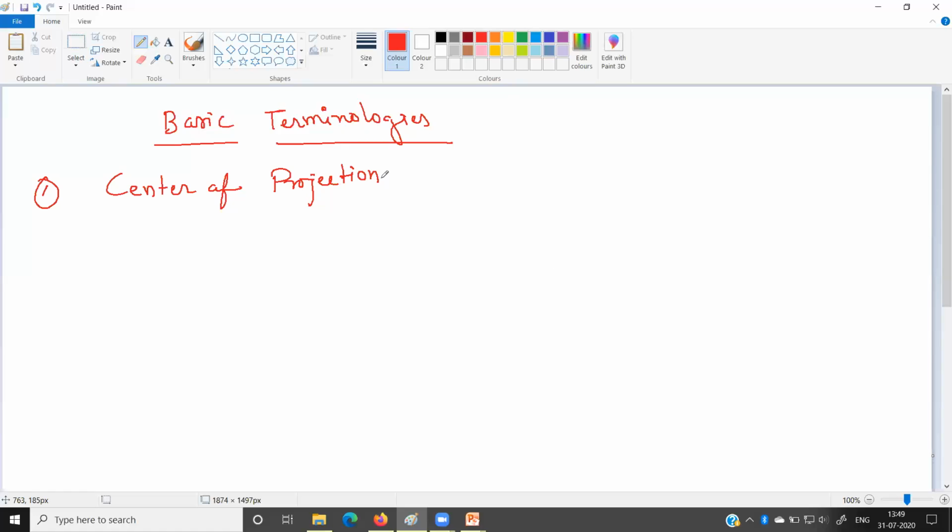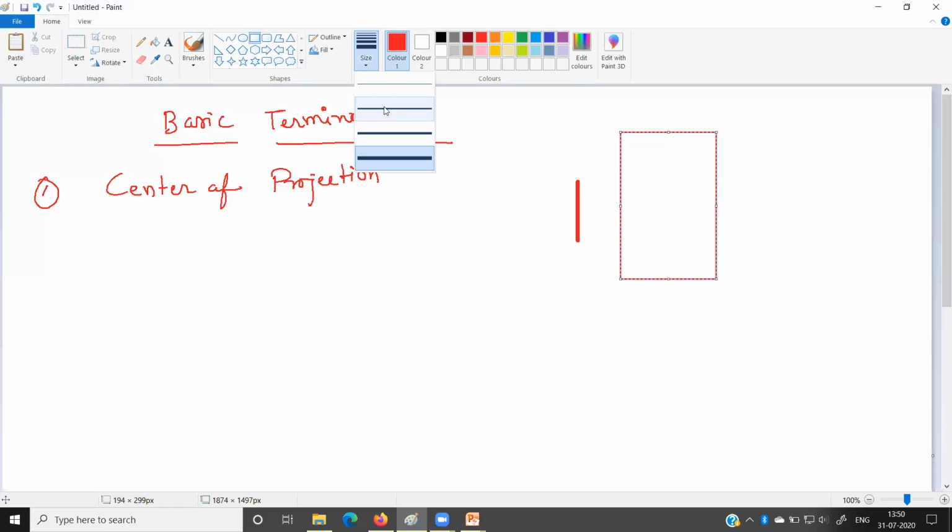Consider a straight line like this one, and suppose we want to project this line segment on a screen which is present over here. How can we project the line segment on the screen?